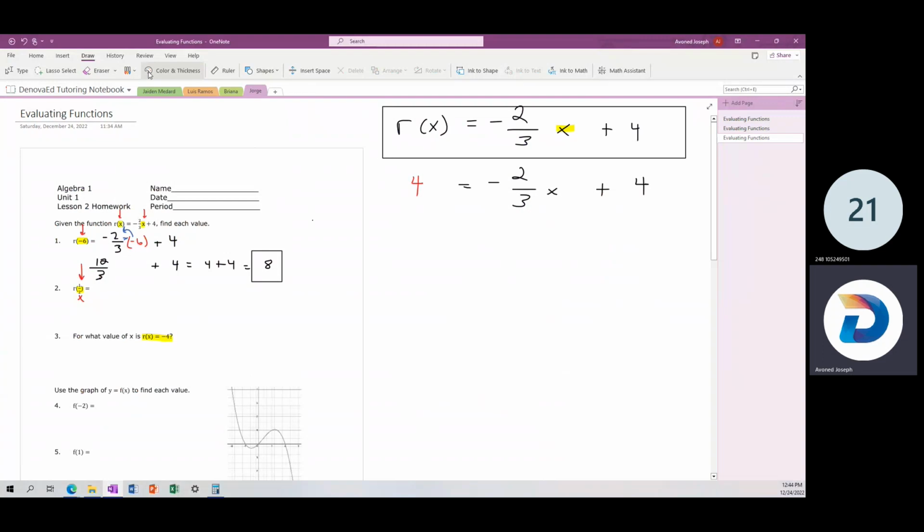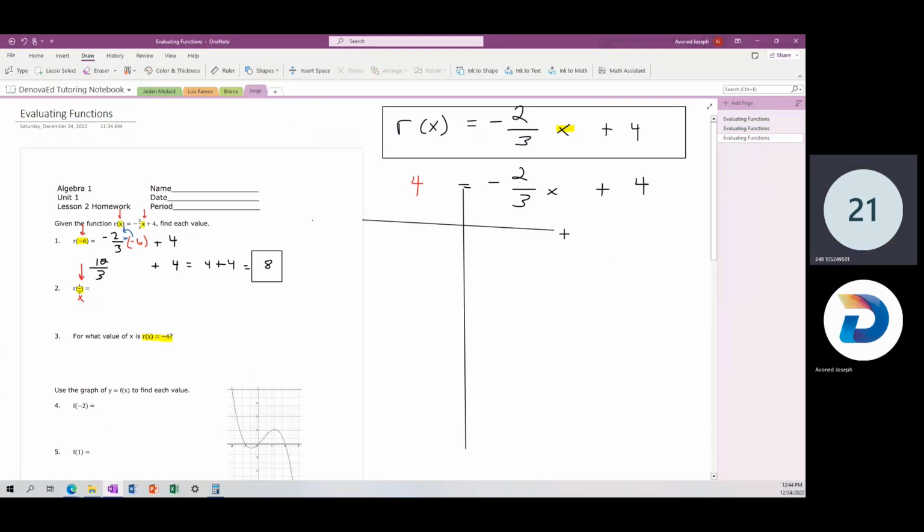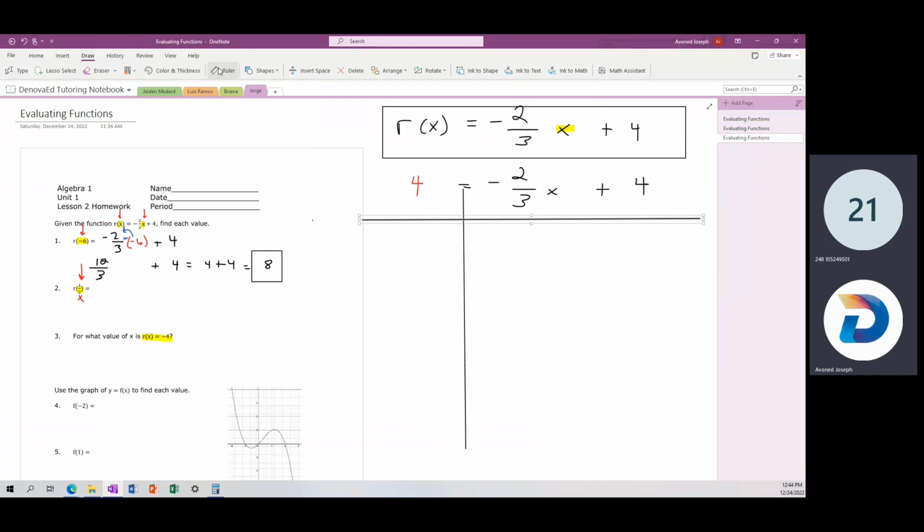Now we have to do a little bit of algebra. Our goal is to move everything to the other side of the equal sign. If the equal sign is here, we need to move everything away from x. The goal is to move 4 and 2/3 and do its opposite.